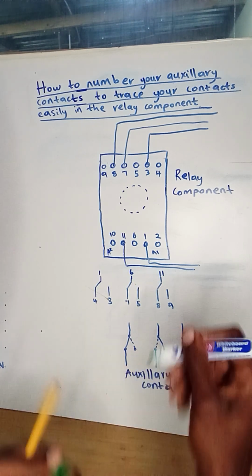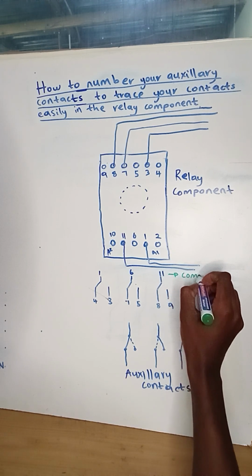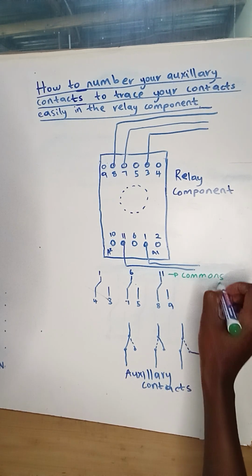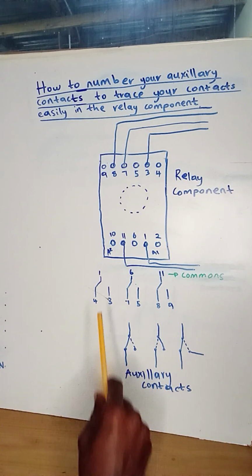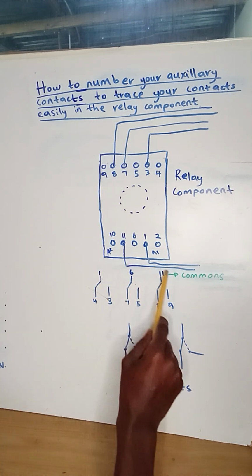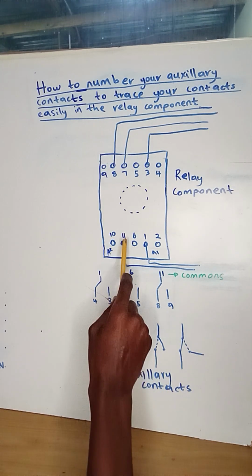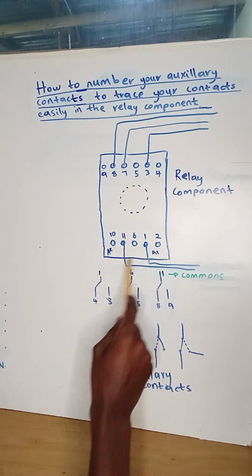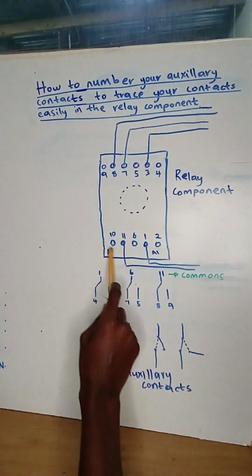So I'll write it down. Commons. So you firstly look at your commons, and you'll find them in the bottom points. 1, 6, and 11. You only check them in the bottom points.